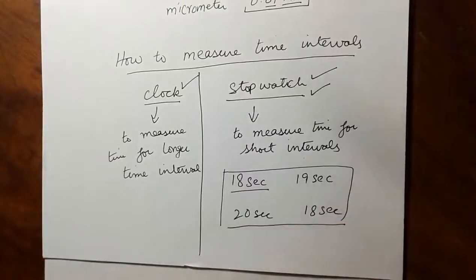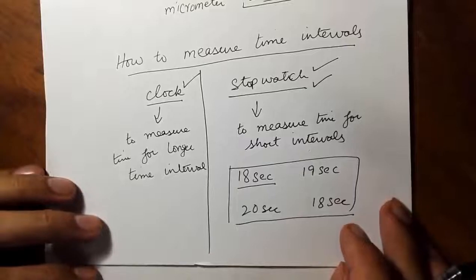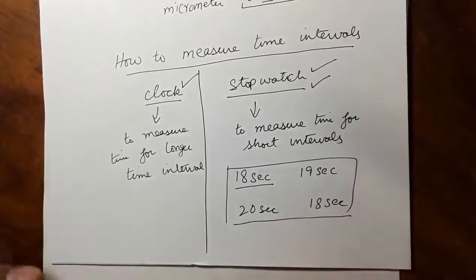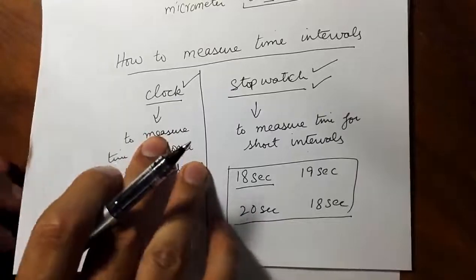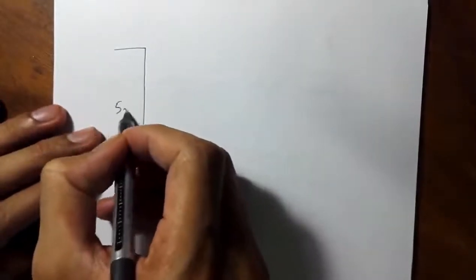Similarly, if you want to know the time an object takes to fall from a certain height, what you can do is, there's a certain height over here. Let's suppose this height is 5 meters.